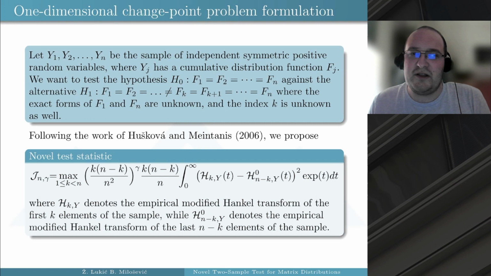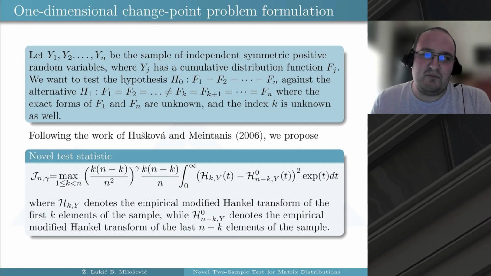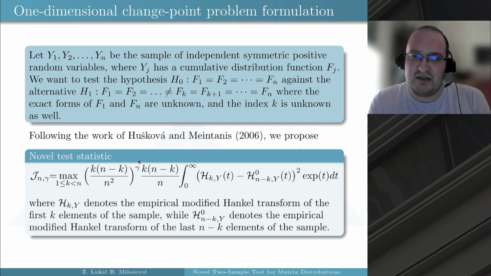Also, you don't know where the k is, neither do you know the exact form of those underlying distributions. We have proposed the novel test, which uses the idea of Hušková and Meintanis, basically adding this part to the already existing two-sample Hankel transform test by Baringhaus and Kolbe, so this part in here.